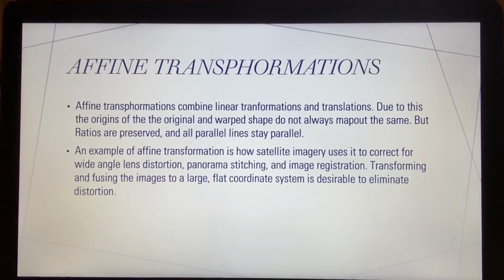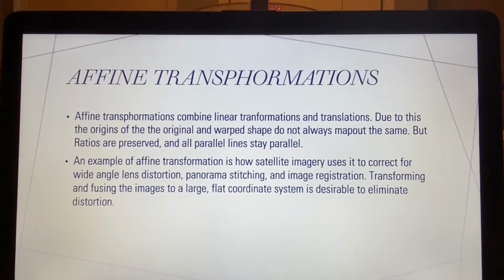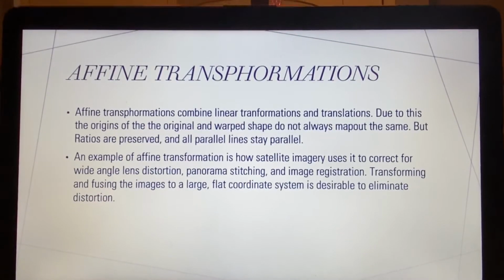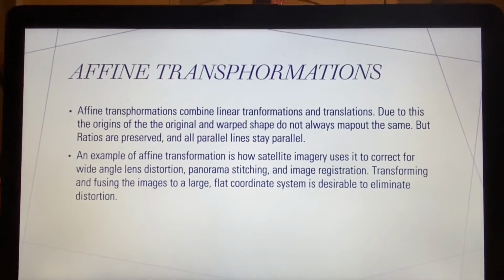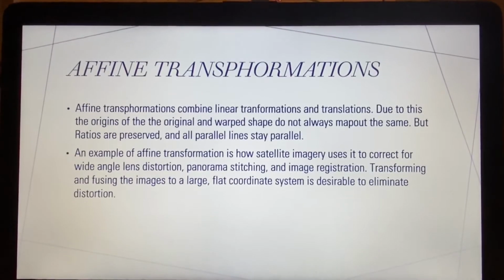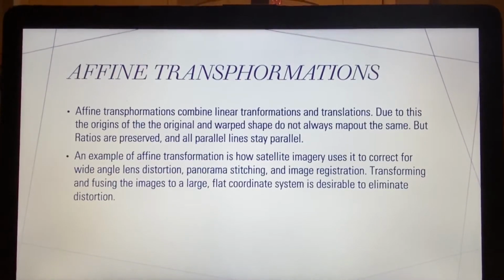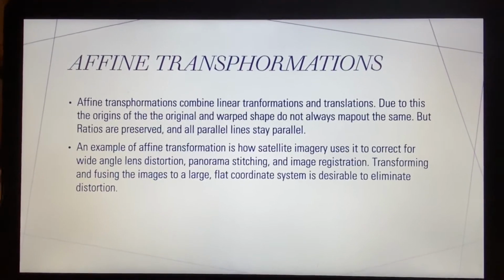An example of affine transformation is how satellite imagery uses it to correct for wide-angle lens distortion, panorama stitching, and image restoration, transforming and fusing the images to a large, flat coordinate system is desirable to eliminate distortion.